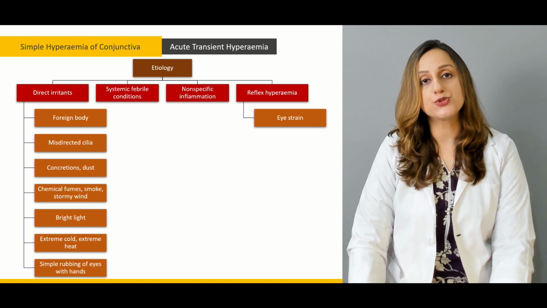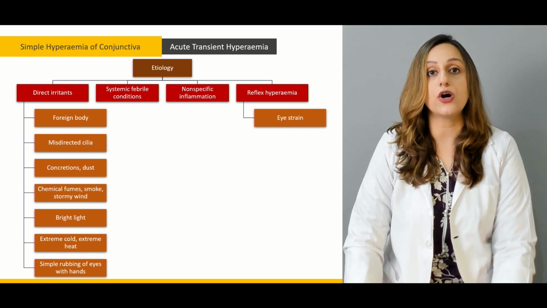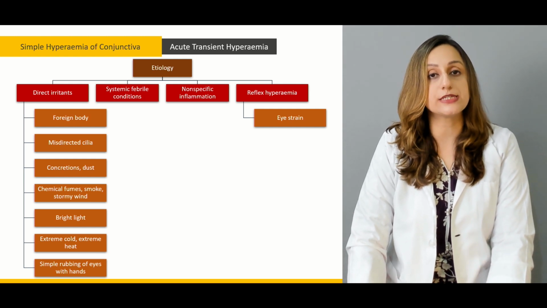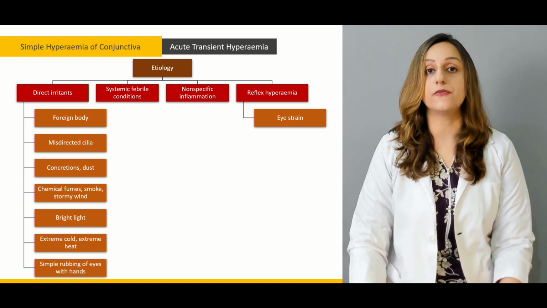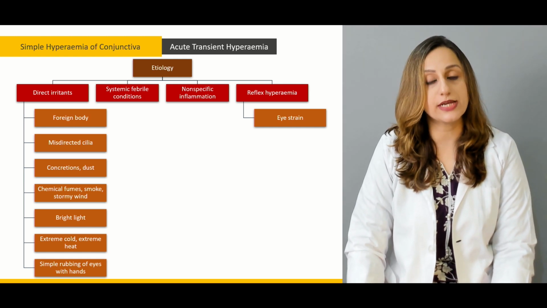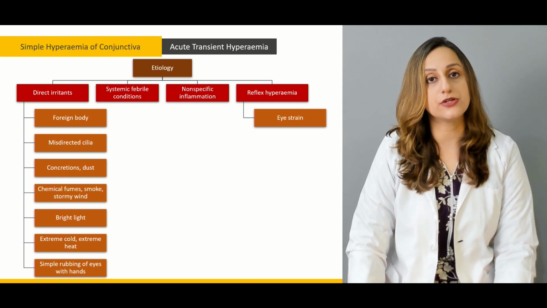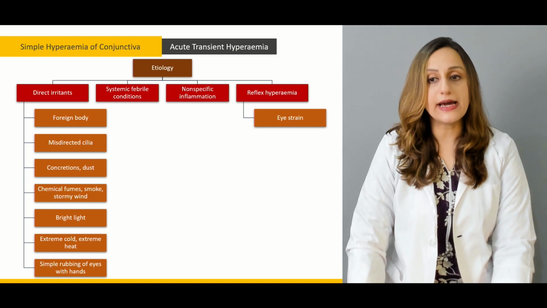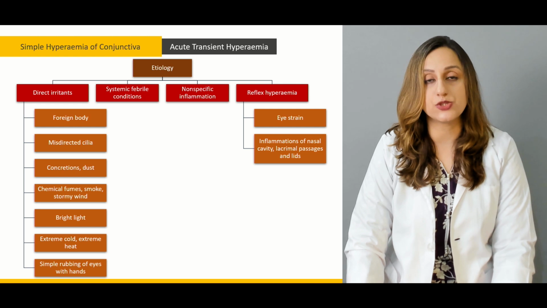Due to the continuous eye strain, because the eye muscles are constantly straining due to the accommodative reflexes, the eyes are focusing on the particular object that the person wants to see. That's why the eyes are in a state of straining, and finally there would be an acute and transient hyperemia noted in these individuals as well.